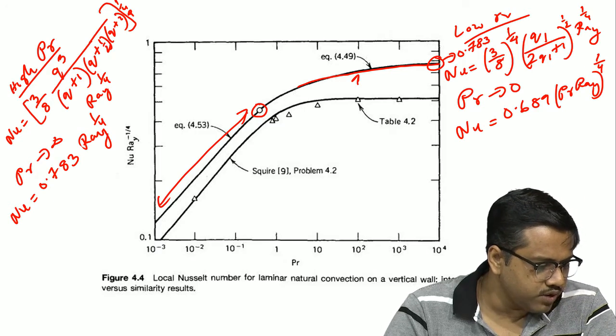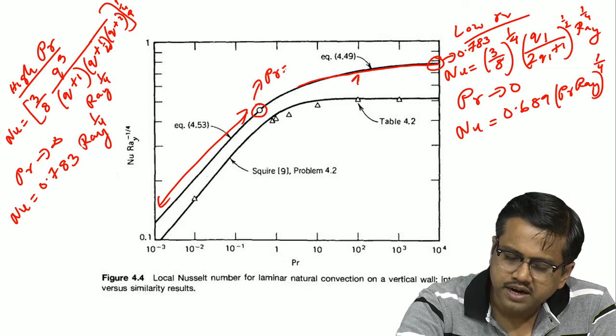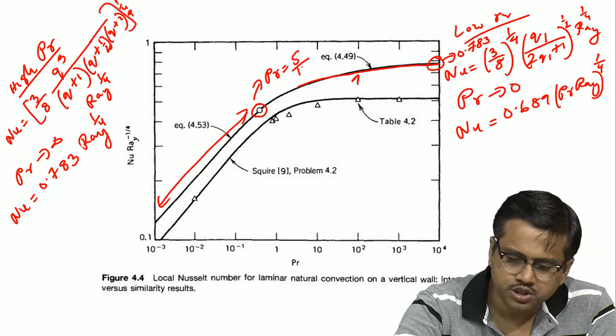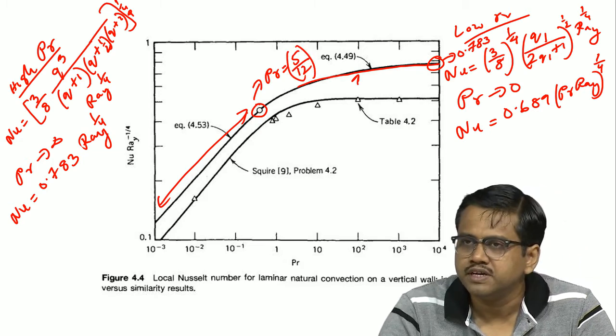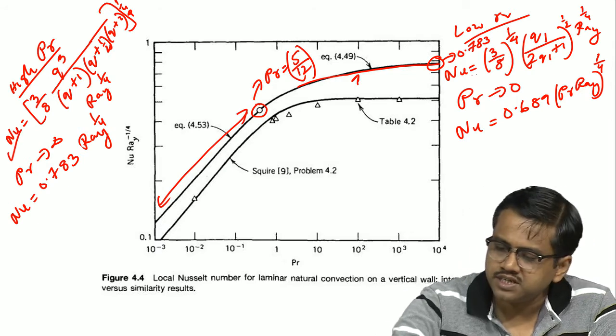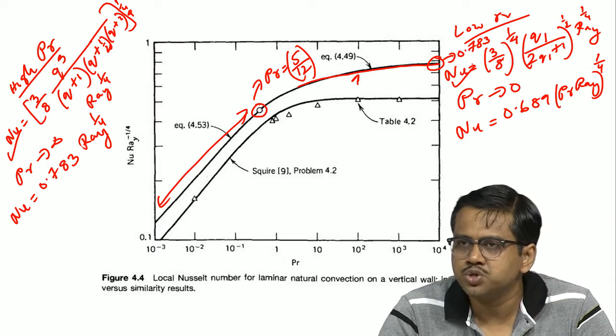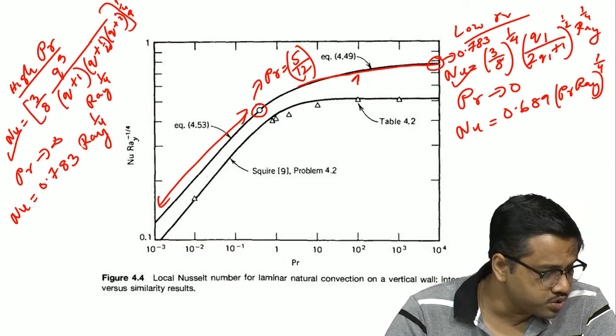As you can see over here, the Nusselt number expressions match at around Prandtl number equal to 5/12. So, this point is not 1, it is about 5/12. This is the point where the two Nusselt number expressions that you see here and here show the same value, a singular value, or very close to each other.